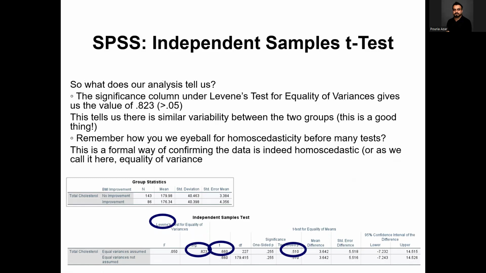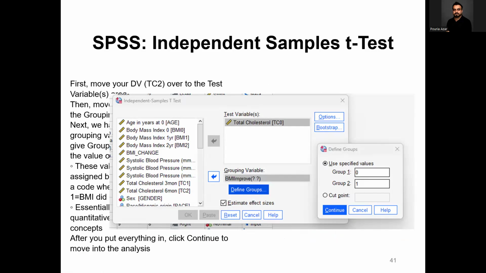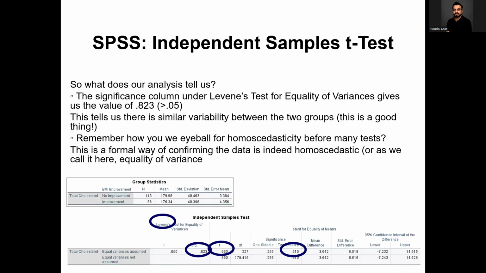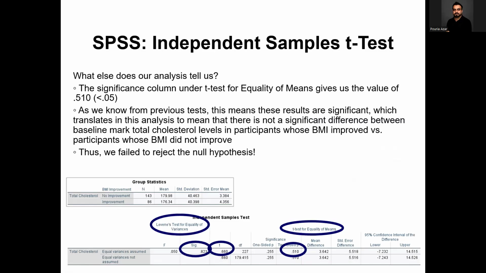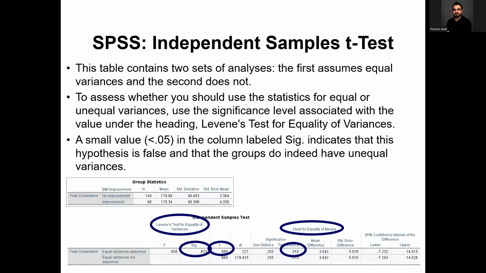Here I used total cholesterol at baseline, but the test I showed you in SPSS was total cholesterol at 6 months. That's the difference. I would say we failed to reject the null hypothesis. The bottom table, the independent samples t-test, contains two sets of analysis, as I mentioned.